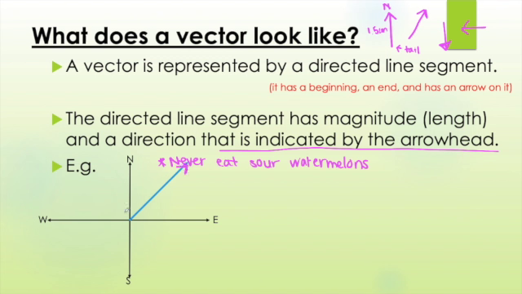There is an arrowhead there, it's kind of covered by my writing. So you have your directed line segment. It has a beginning. It has an end with an arrowhead on it. Then you would need to label it with a magnitude.